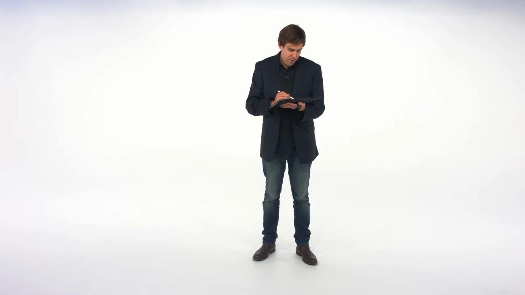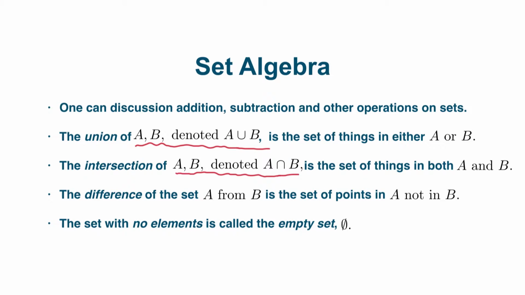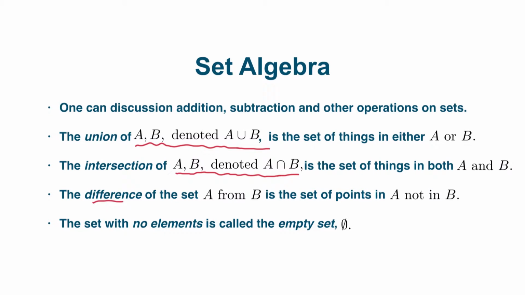The intersection of A and B, denoted A upside-down U B, is the set of things in A and B. So it's restrictive. You need to be in both A and B to be in the intersection. The difference of the set A from B is the set of points that are in A but not in B. So take everything that's in B and remove it from A. Whatever's left is the difference.